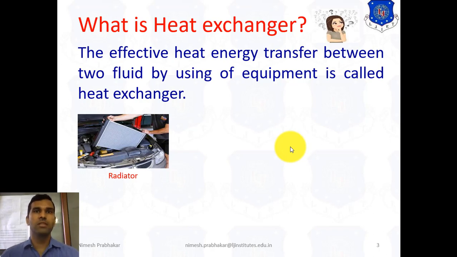The function of the radiator is to take heat from the engine and release it to the surrounding atmosphere, to maintain the temperature of the engine. So this is a basic example of a heat exchanger.